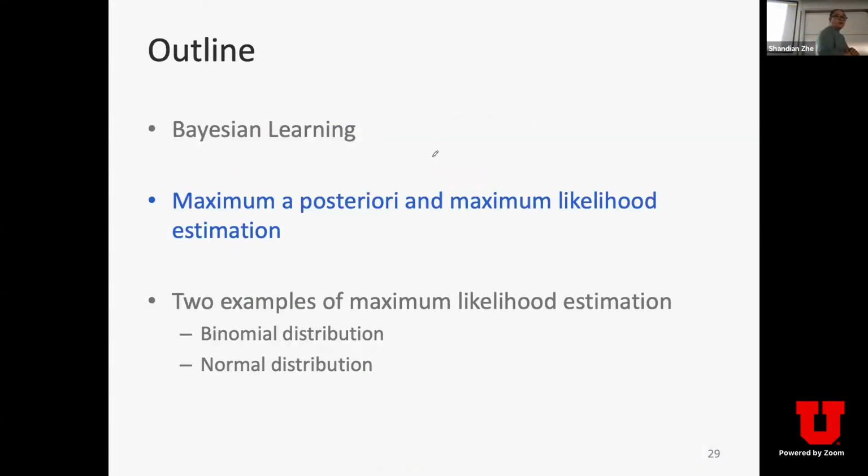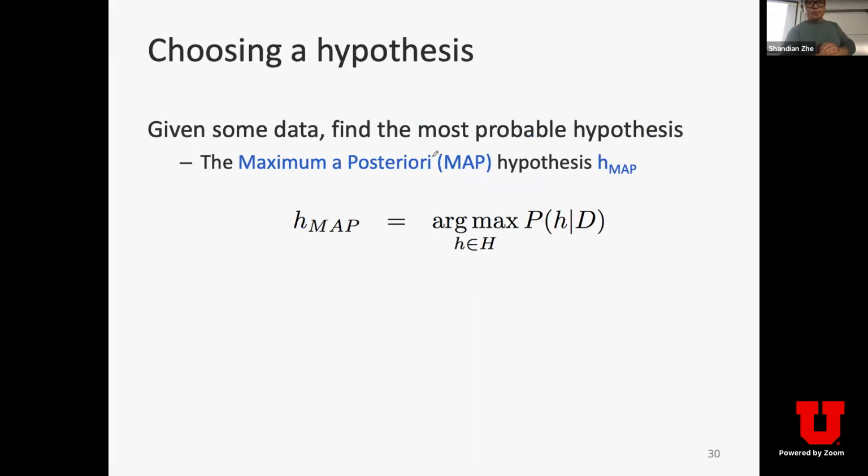So now let us look at the two commonly used frameworks for Bayesian model estimation. One is called maximum a posteriori, or MAP, estimation. The other is called maximum likelihood estimation. Given some training data D, as we mentioned, we want to find the most probable hypothesis.